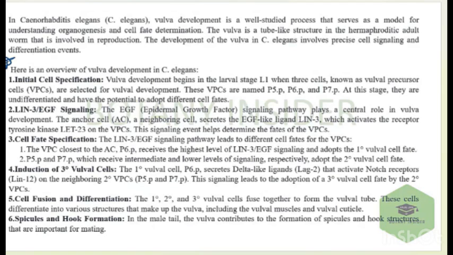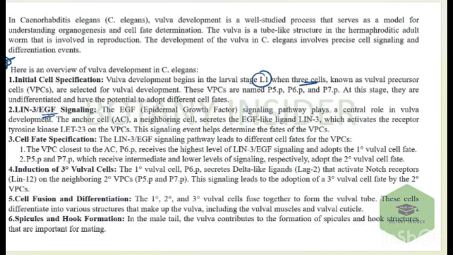the entire overview. So, initial cell specification: it develops in the L1 stage, where 3 cells known as the vulval precursor cells are selected, P5, P6, and P7. At this stage, they are undifferentiated and have the potential to adopt different cell fates. Then LIN-3 or EGF signaling. This LIN-3 is released by the anchor cell.